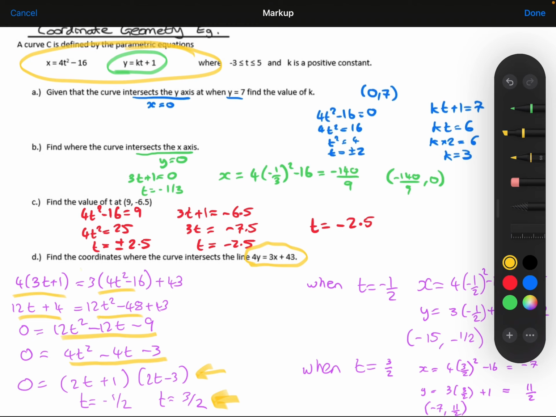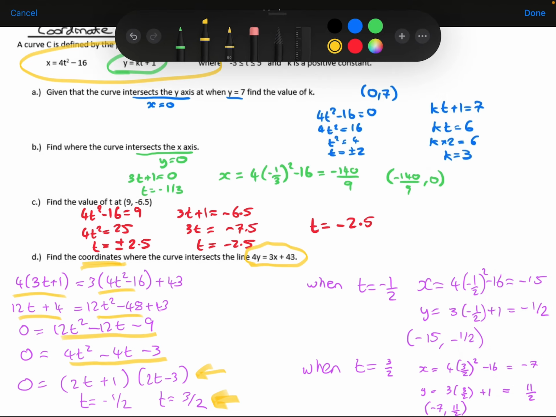I actually wanted the coordinates though. I don't actually want the values of the t. I don't want the values of the parameter. I want the coordinates. So what I've then done is I've substituted my parameter into my x equation, the 4 times t squared minus 16, so 4 times minus 1/2 squared minus 16 is minus 15.